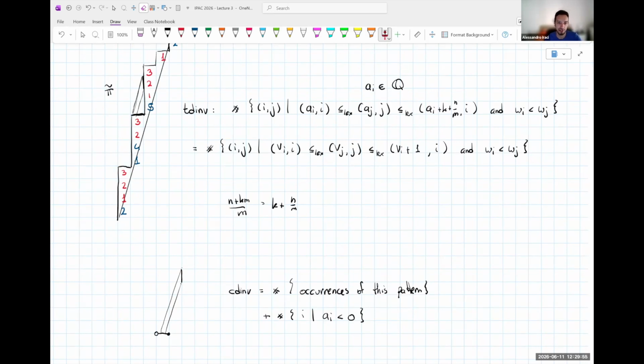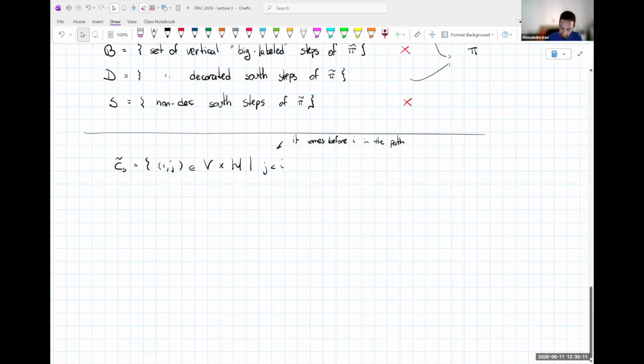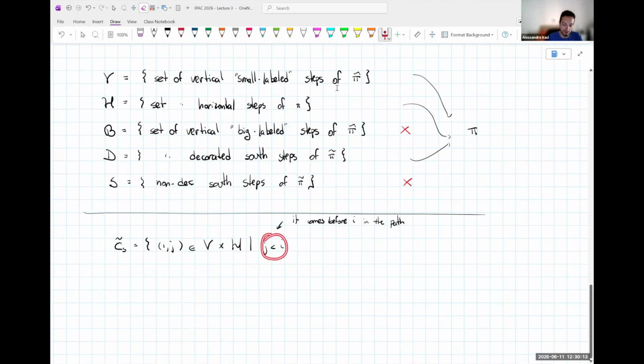Obviously there's a correspondence. You can just restrict to the corresponding subset and relabel and whatnot. But it's a lot easier if we do it this way. So this is going to be the fifth step, and this is going to be the sixth step. So when I write this, I just mean the ith step is after the jth step. That's exactly what that is.